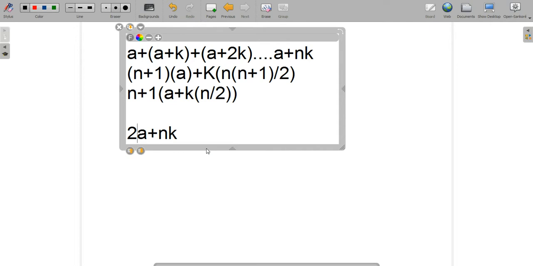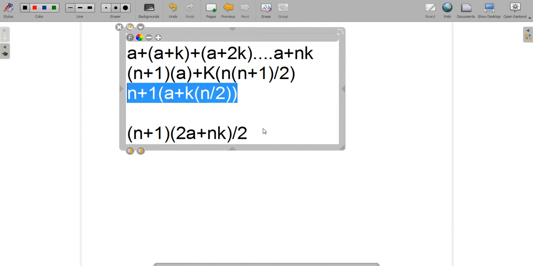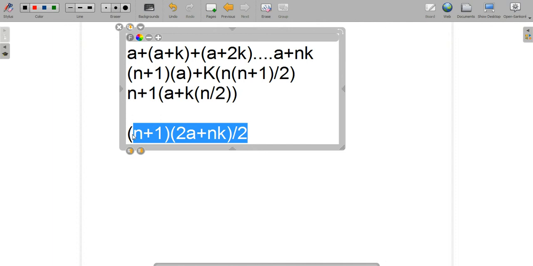First number times the last number. Sorry, I'm just thinking right now. Okay. So there's n plus 1 of them, and you're basically dividing by 2. So if you have a keen eye for math, you would know that these two are the exact same things. So this is the formula that we got by deriving it, and this is more like we thought about it.